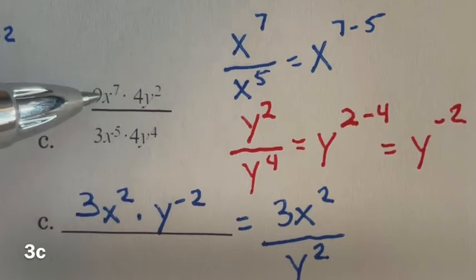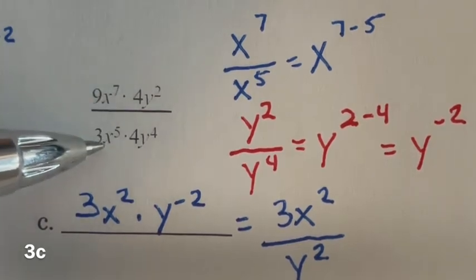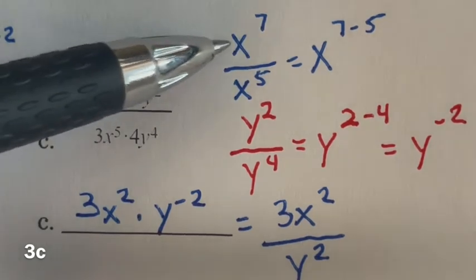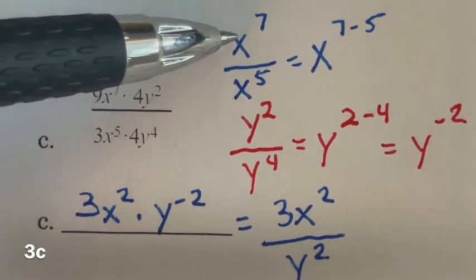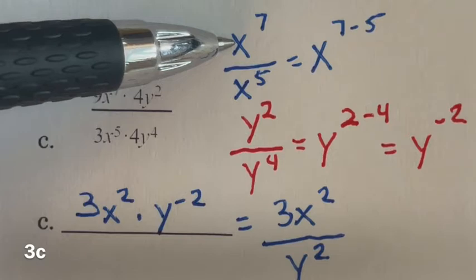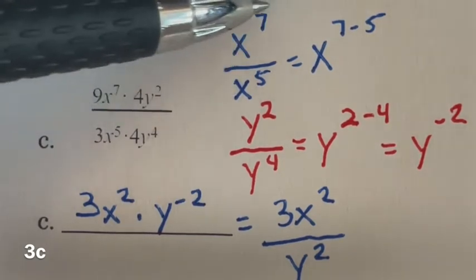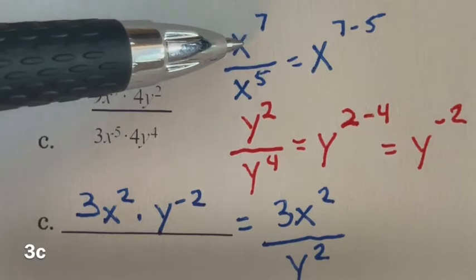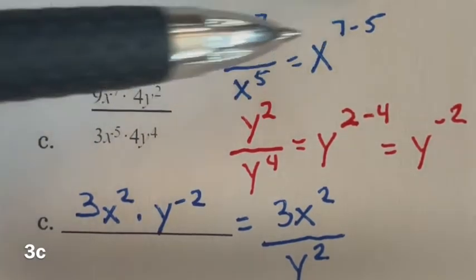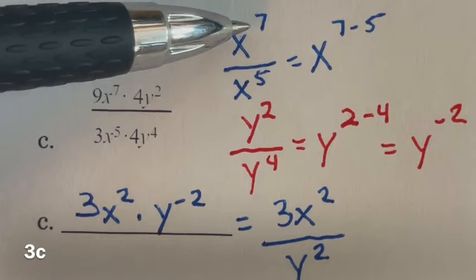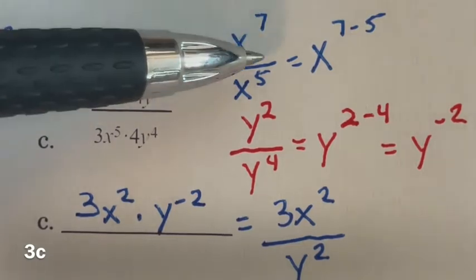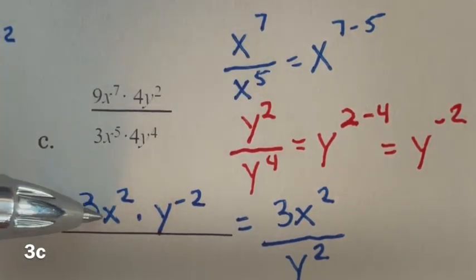And then if you remember the rule for dividing exponents with the same base, you just subtract them. If I was multiplying 7 x's here and 5 x's here, I have more x's in the numerator. How many more? I have 2. So basically what you're doing is subtracting. 7 minus 5 equals 2.